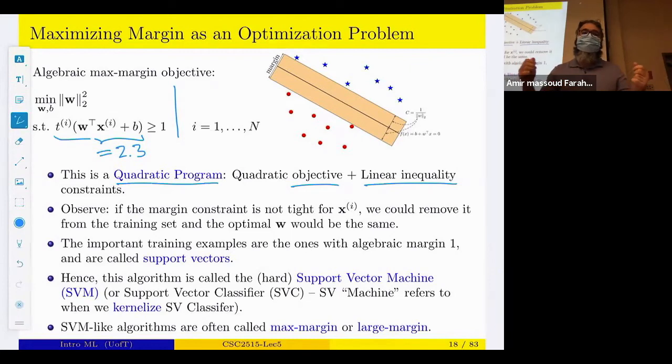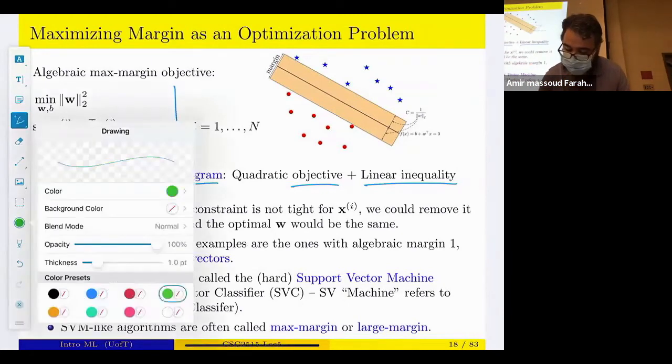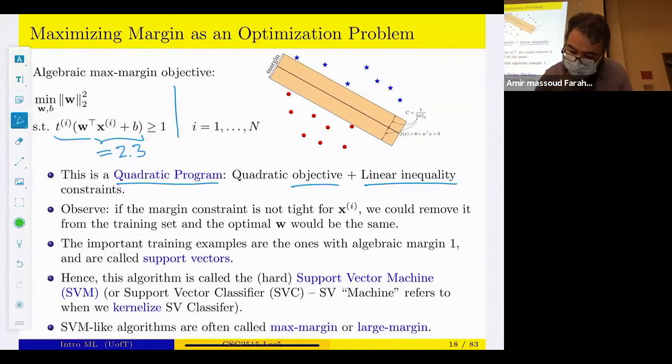So 2.3 is larger than 1. If on the other hand, for another point xj, this value becomes exactly 1, then 1 is greater or equal than 1, and the constraint is tight.